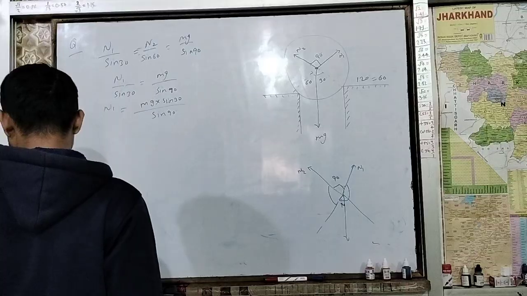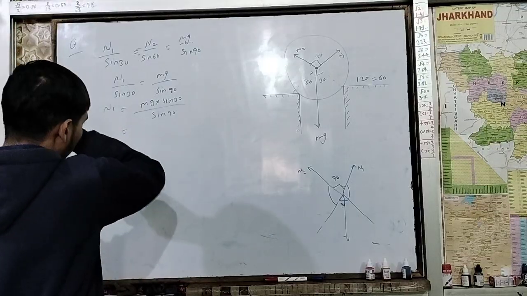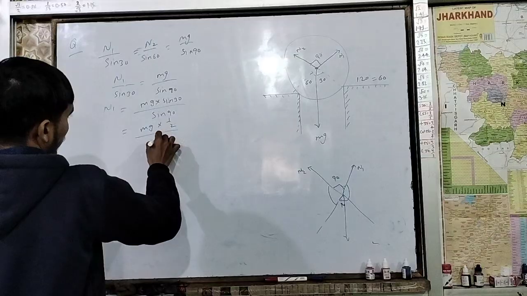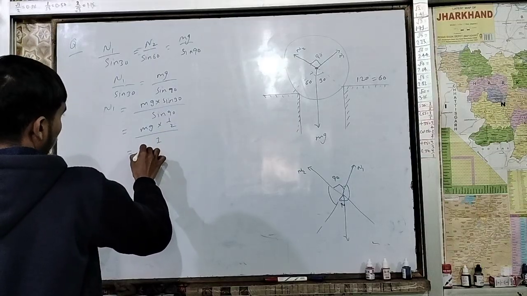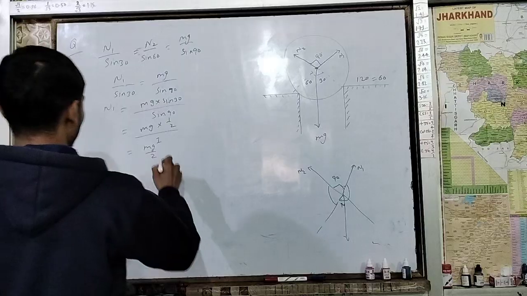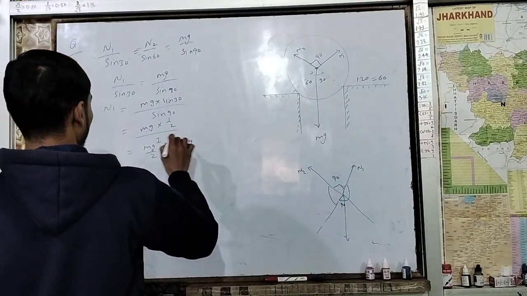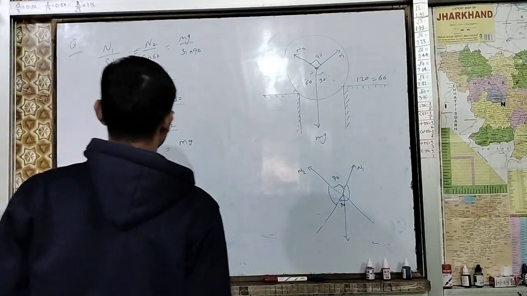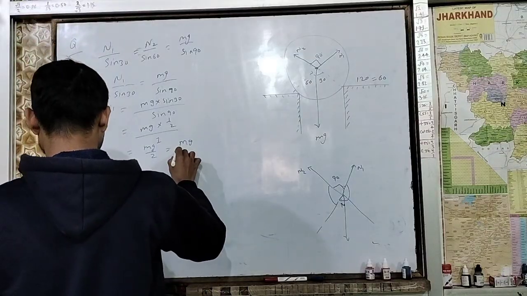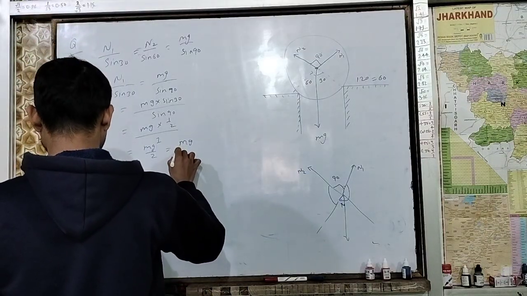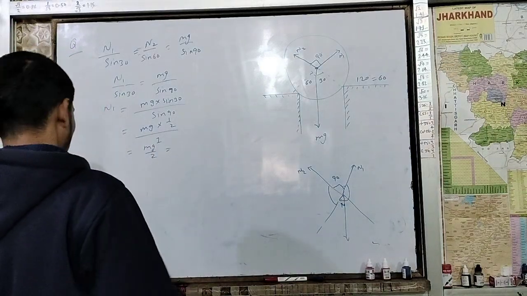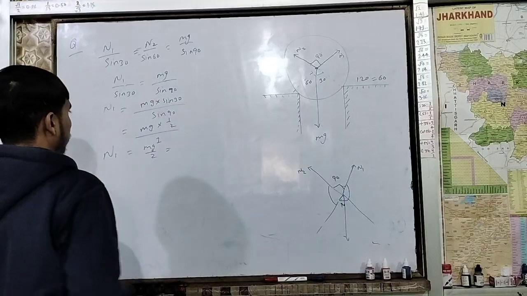After simplifying, you will get mg multiplied by 1 upon 2 multiplied by 1, which will be equal to mg upon 2. Yeah, am I correct? mg upon 2. This is our answer. Remember, it is the value of N1.